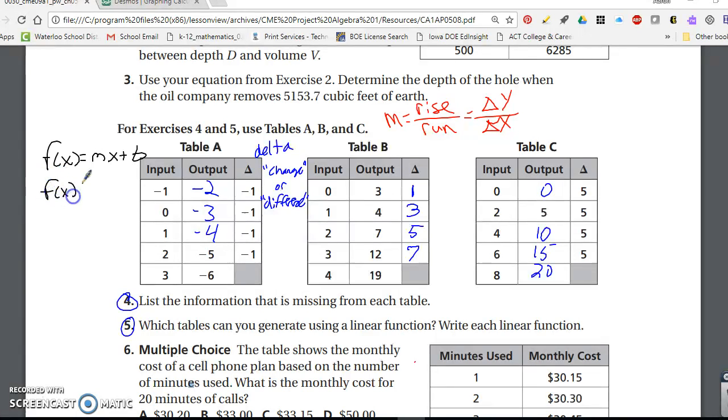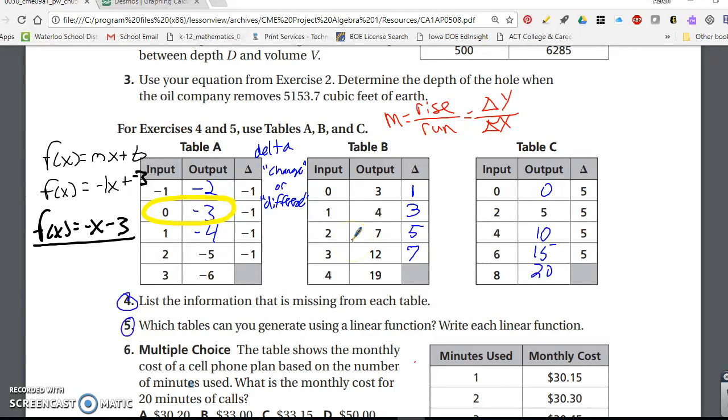So my slope is -1 plus, and then I want to look at when x is 0, what is my output? So x is 0 here, my output is -3, so I'm going to do -1x plus a -3. Some of you might choose to write that as just -x minus 3. That's fine too. Doesn't matter. Okay?